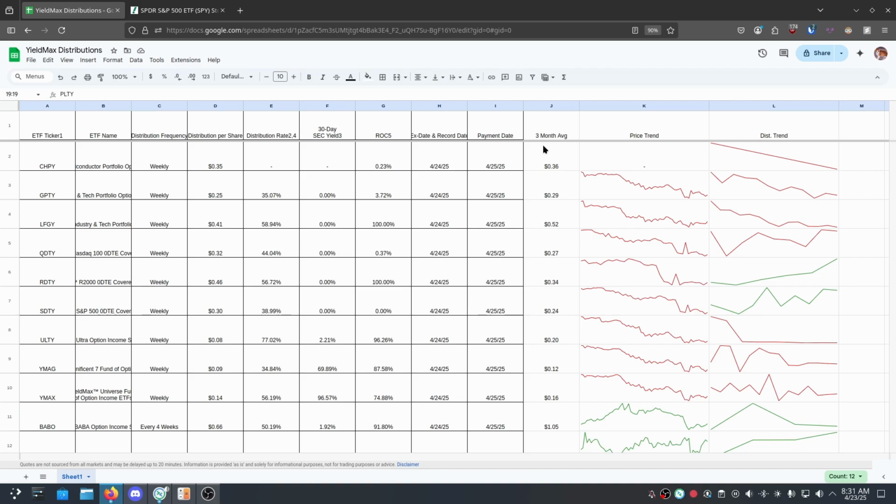With that being said, it's still prone to change, and the second reason is the distribution in terms of the actual dollar amount.